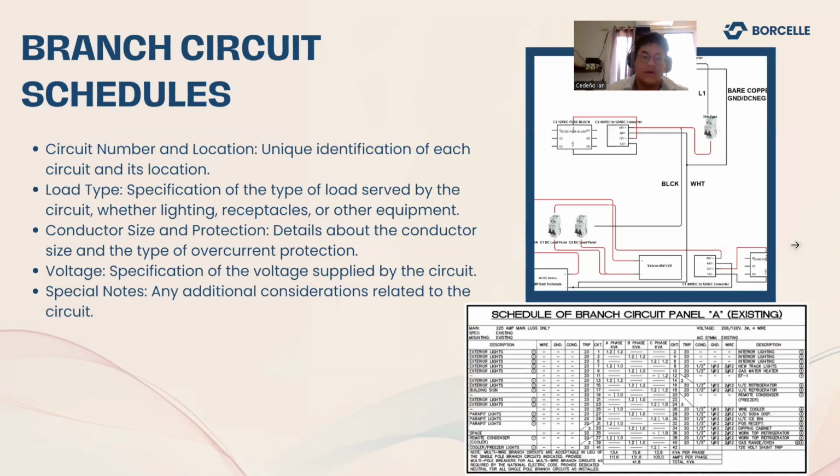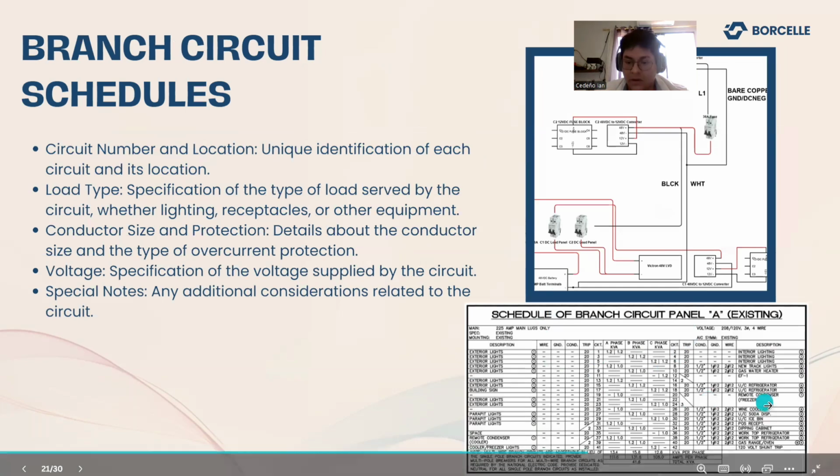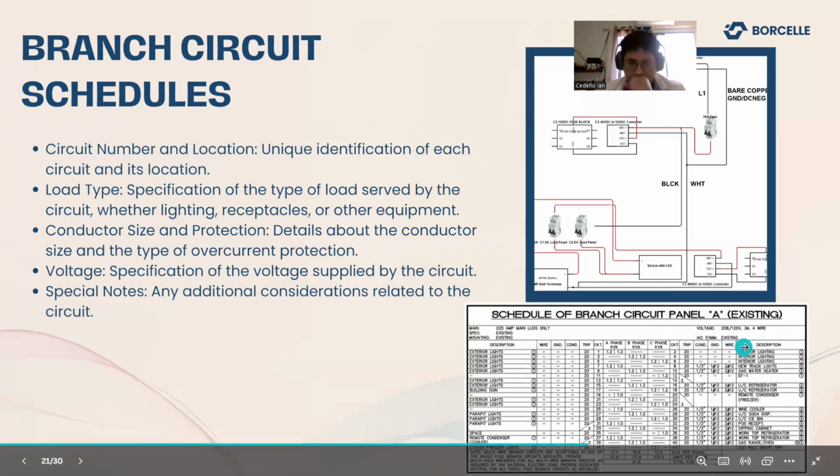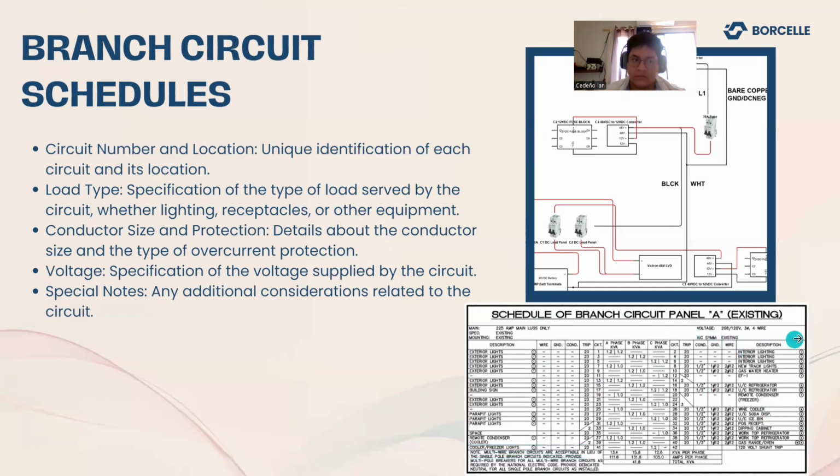For the branch circuit, this is an example of the branch circuit schedule that we know. This part is the circuit of one part of the house, this part is another part of the house, and this is how it works.